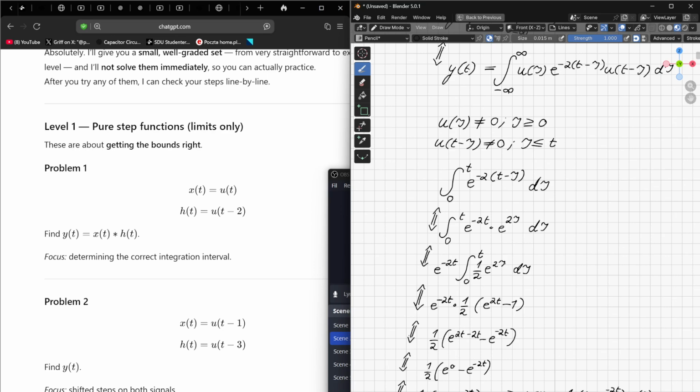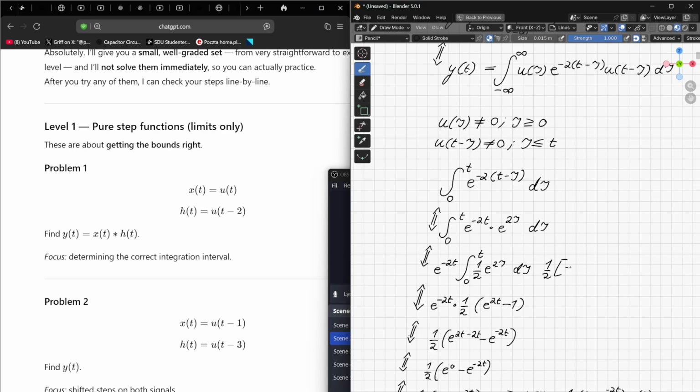So if this was 3 tau, it would be 1 over 3, and so on. Because we already have this, it's kind of weird how this works. I guess it's going to be like this in a way, where it's going to be 1 over 2.